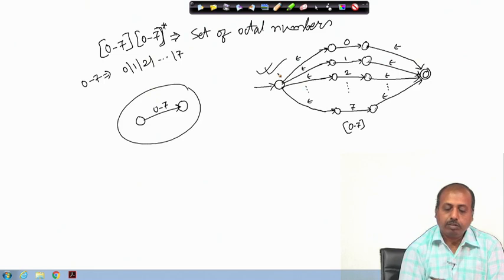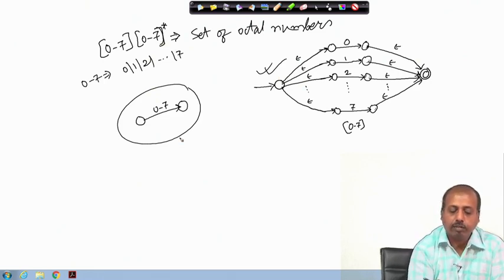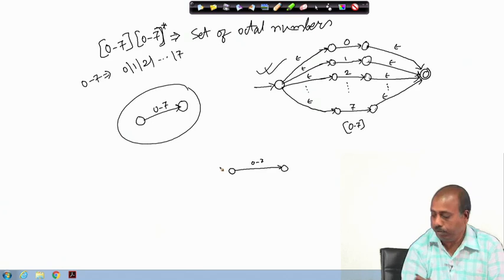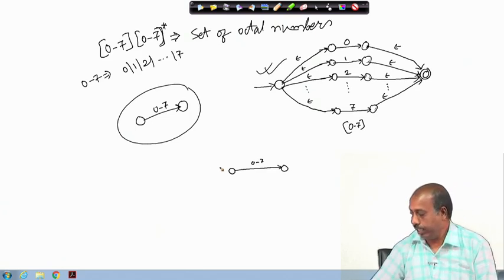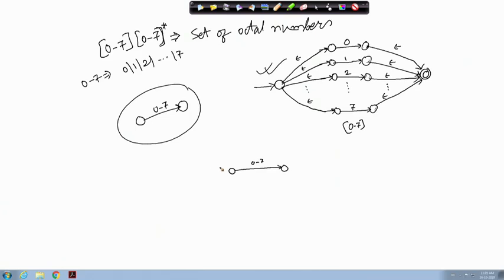Once we have done this, then you can draw the regular expression for 0 to 7 star. So, this part is for 0 to 7. Now, for making 0 to 7 star, we have to have some epsilon transitions added.